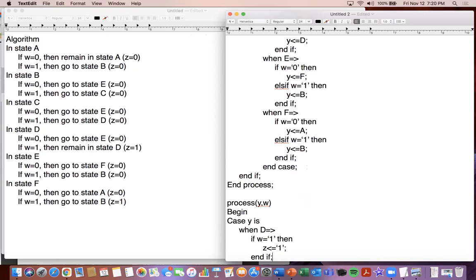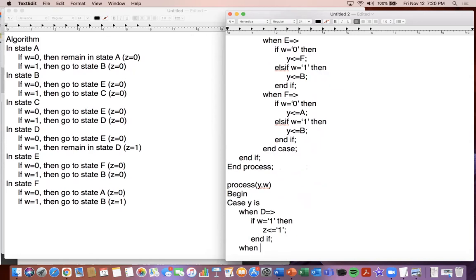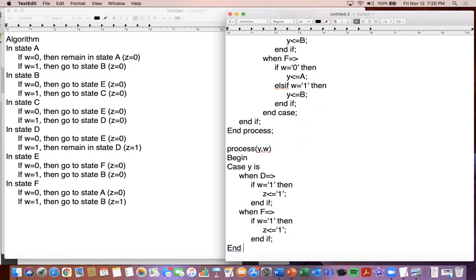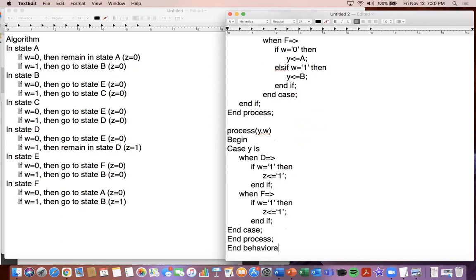And then the other time was when in state F, if W is equal to 0, then Z is going to be equal to 1. And then end process. Okay, and then end behavioral.